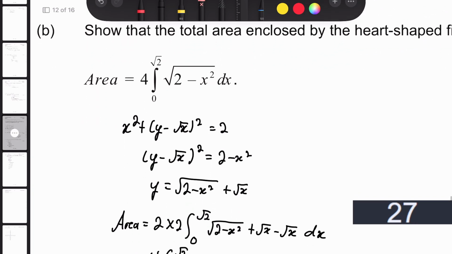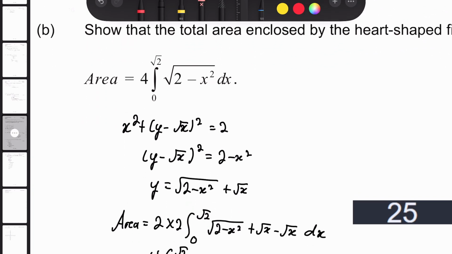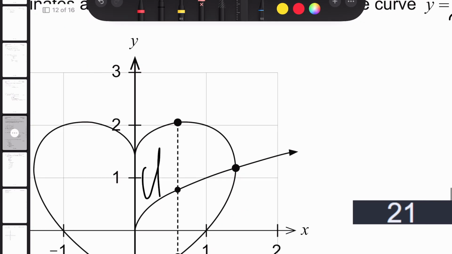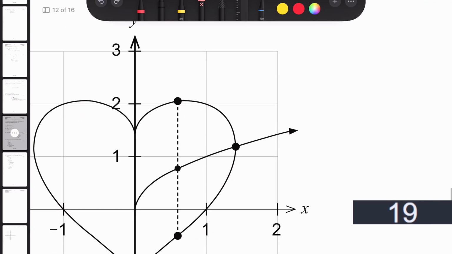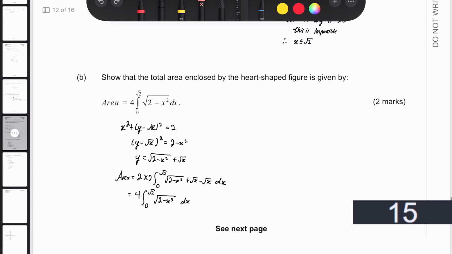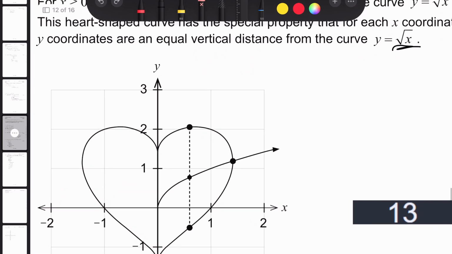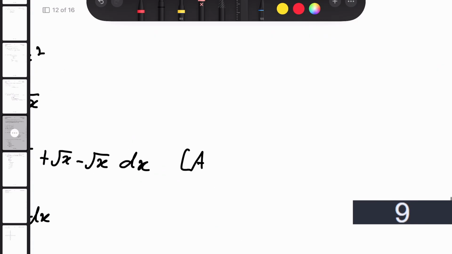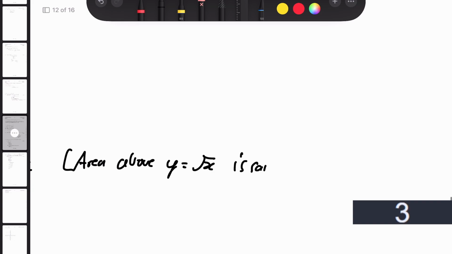Wow, if I was in an exam, I would be so nervous right now. Yeah, because they're equidistant, we can say that the areas are the same above and below. And then we want to take away the area of this y squared. So I say here, area above y equals square root of x is the same as below.